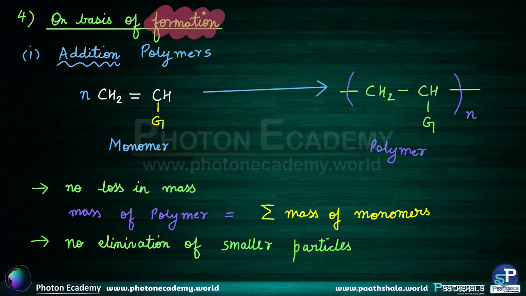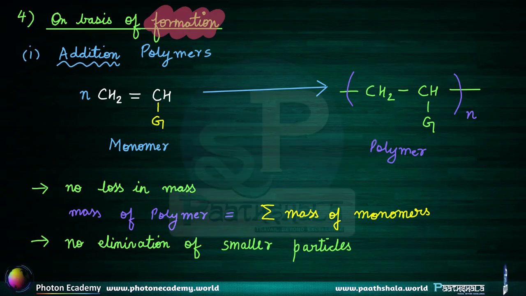And what are the smaller particles? It can be water, alcohols, okay? And there will be no elimination of these smaller particles. So these 2 points we have to keep in mind, and we have done a couple of examples of addition polymers already, and we have already covered them.